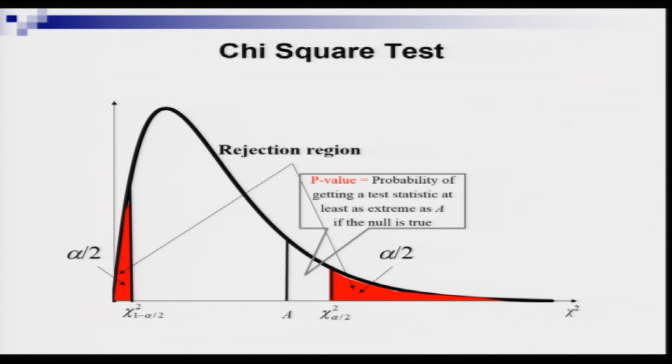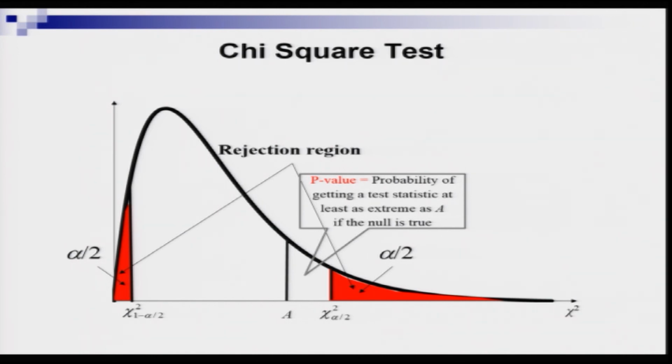For the left tail, the area which is bounded by the chi-square PDF and the vertical line drawn at chi-square 1 minus alpha by 2 is also marked in red color, and that also has probability value alpha by 2. So, you see that the level of significance alpha is split into two equal parts, half and half for both the left tail and right tail.